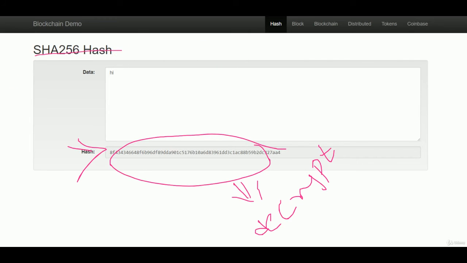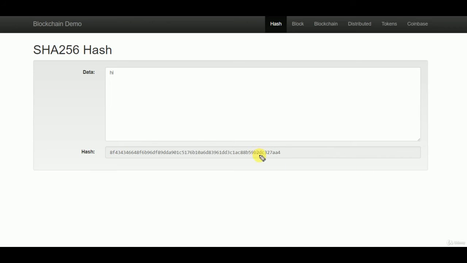One more important thing is, say for example, now the value is 8F434, right? Say again, I'm changing it to hello. So it gives 2CF2. Now again I'm going to say hi. So it again gives the same hash. What it means is that for the same input, however many times you give it, you will get the same output.